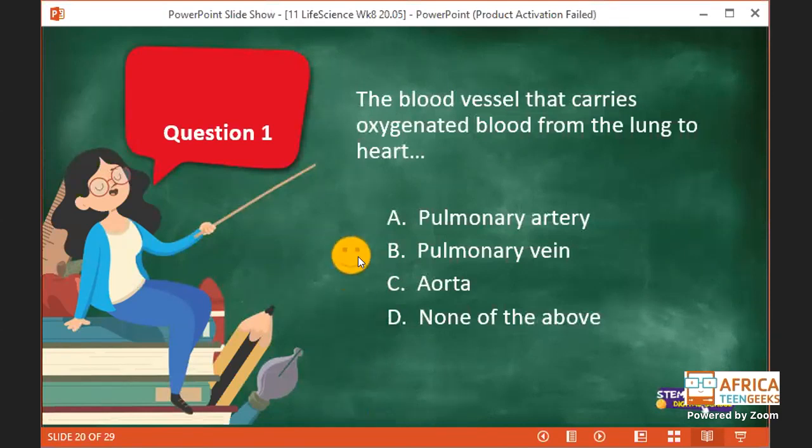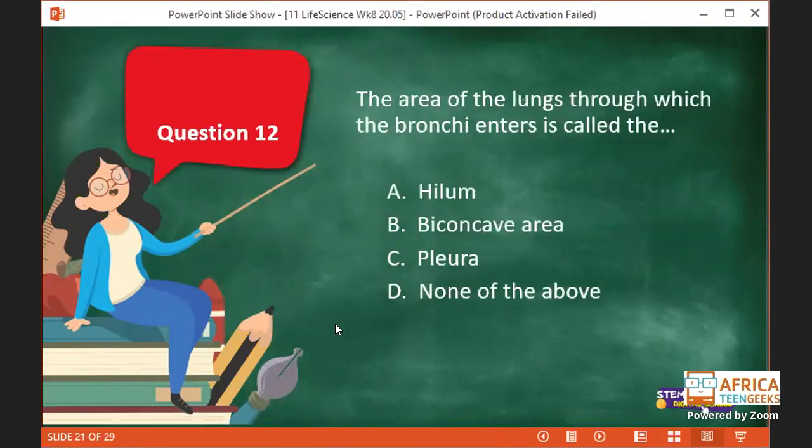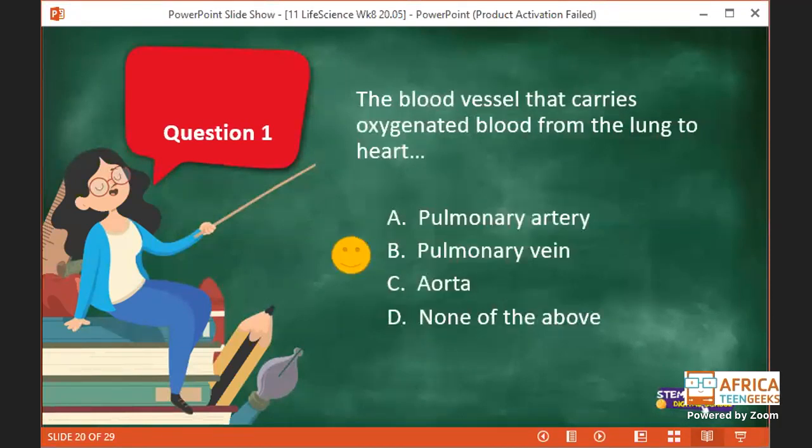All right, let's see. So the answer is B, not A. So the pulmonary vein, that is the blood vessel that carries oxygenated blood from the lung to the heart.